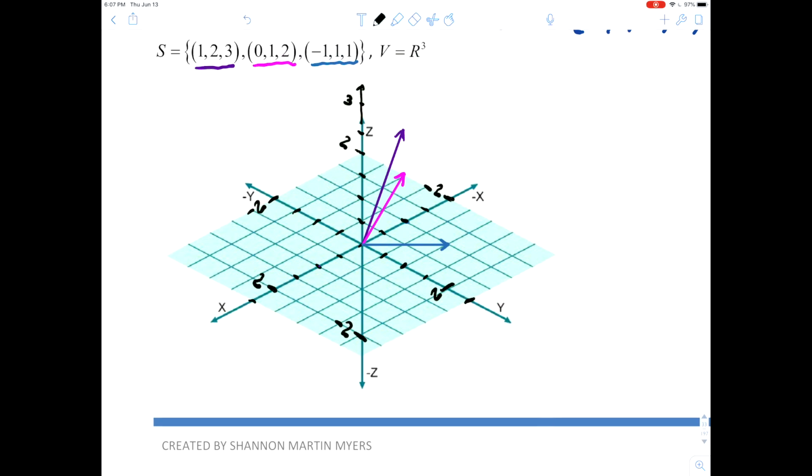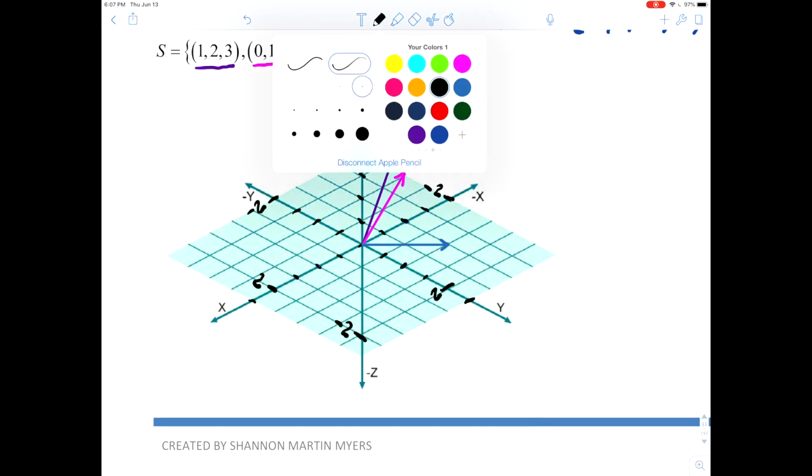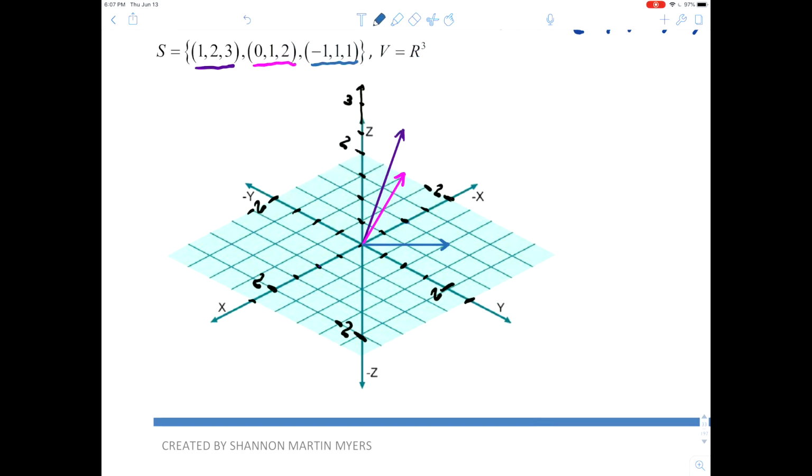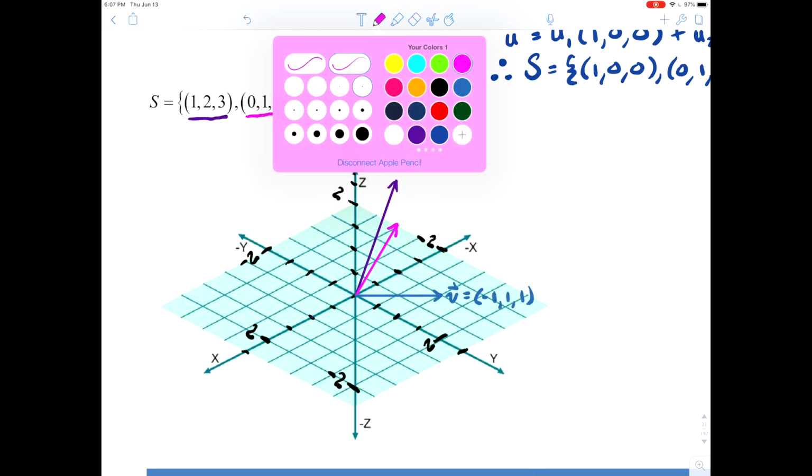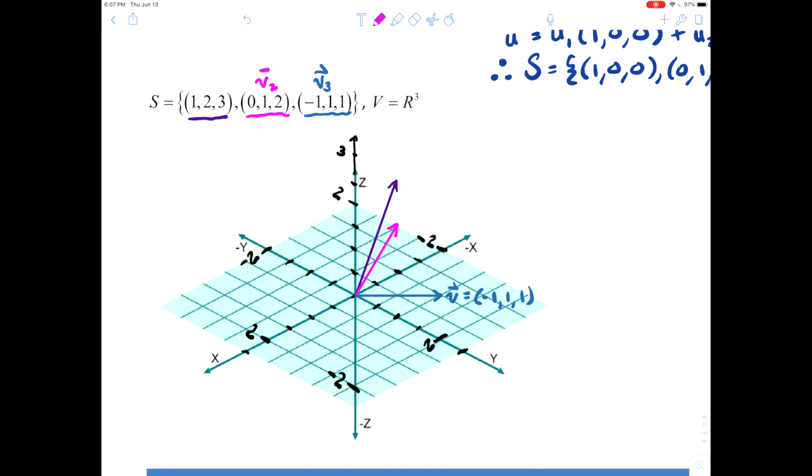And again, this is our V3. So V3 was equal to negative 1, 1, 1. And call this one V2, and that was equal to 0, 1, 2.